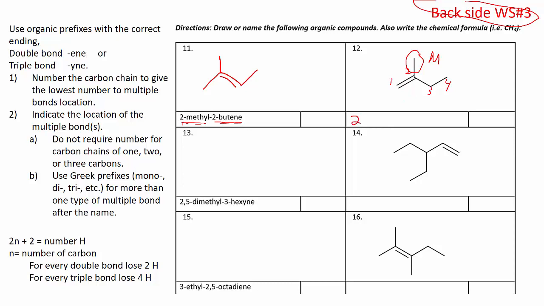Off the second carbon, we have the 2-methyl group. 2-methyl, and then we have 1 off the first carbon, but 4-carbon chain, and ene for being a double bond on that butane chain. We got 1, 2, 3, 4, 5 carbons, C5, times 2 plus 2 is 12, minus 2, H10.